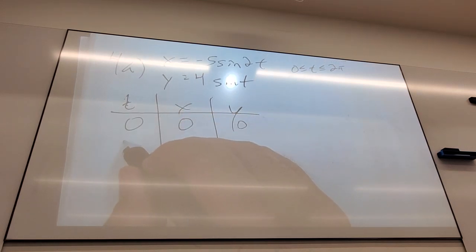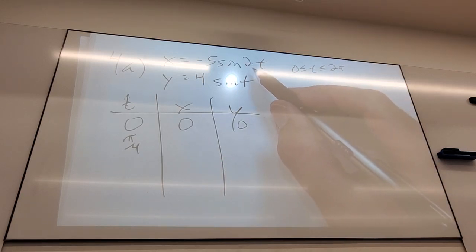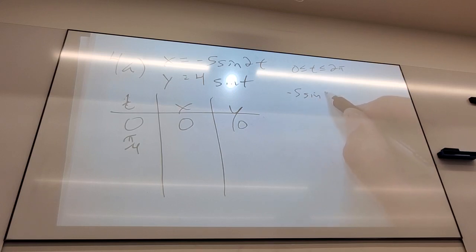Philip's got a good idea. Let's put a pi over 4 in there. 3 pi over 4? Not yet. Let's do pi over 4 now. If you need to, you can write it down. So what do I get when I put in 3 pi over 4?